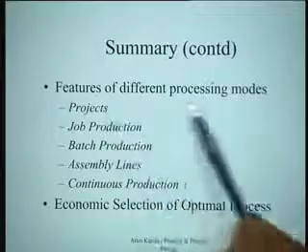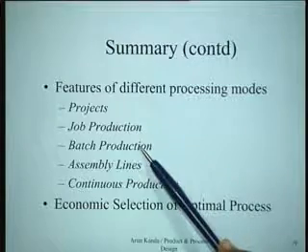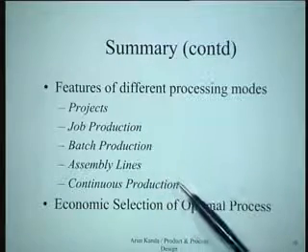So we could divide services into 4 categories. Finally, we had a look at some of the features of different processing modes like projects, job production, batch production, assembly lines, and continuous production.